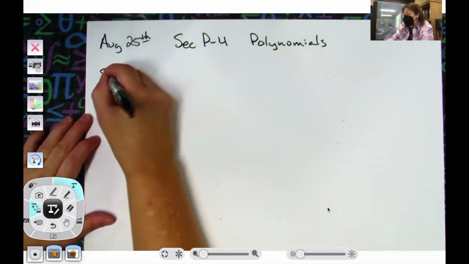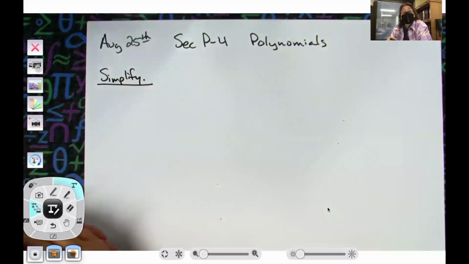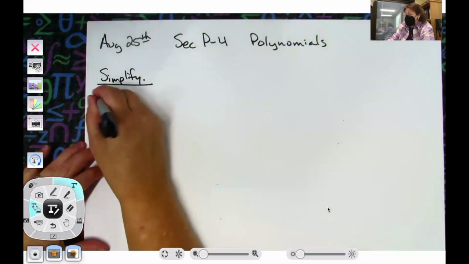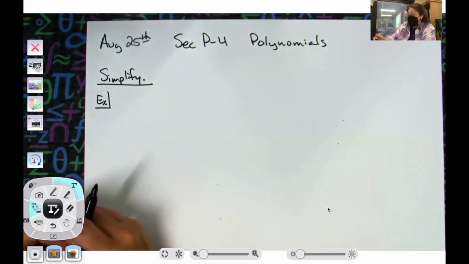So the first thing that you should do with polynomials is they're going to expect you to be able to simplify. Now, this is really no different than adding and subtracting like terms, except they actually give them to you in polynomials.